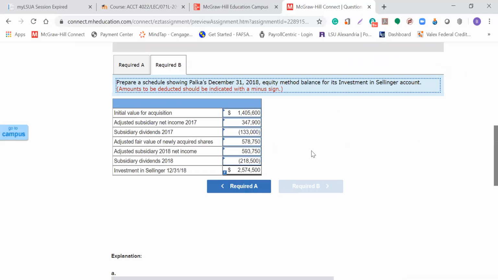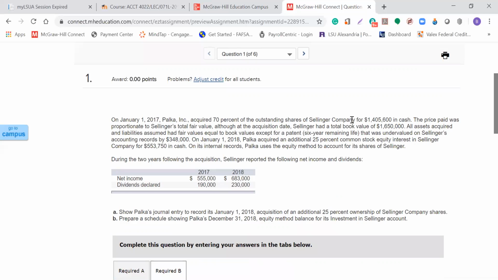For required part B, we look at the initial value, again, the purchase price.